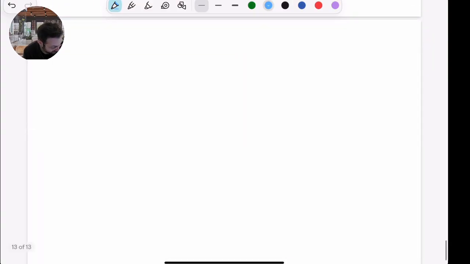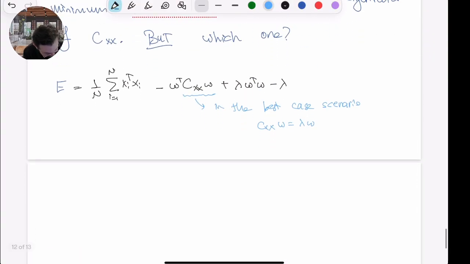So if I replace it, my error then becomes 1 over n summation i equals 1 to n of x(i) transpose x(i). So that's a term that I cannot reduce. That's a part of my data set. Whatever I do with my w, it is going to be there.